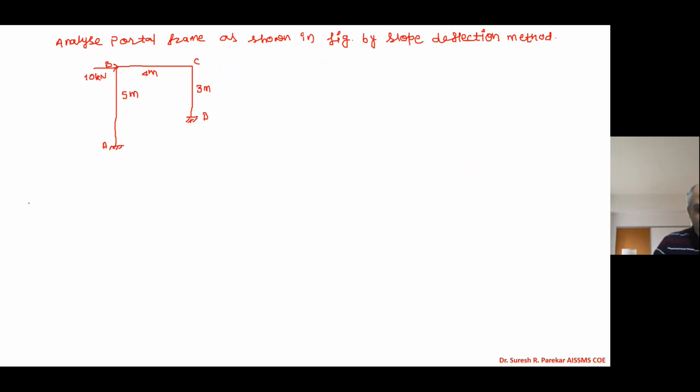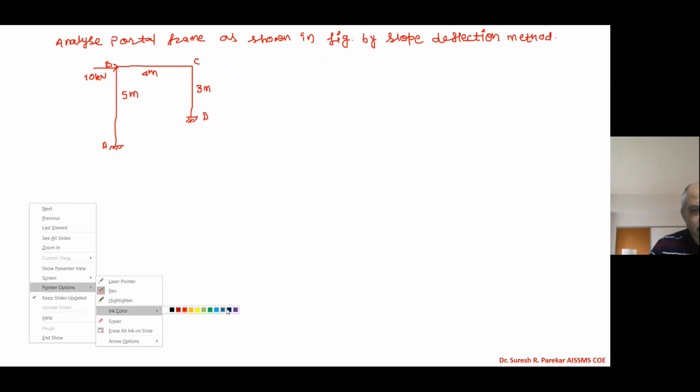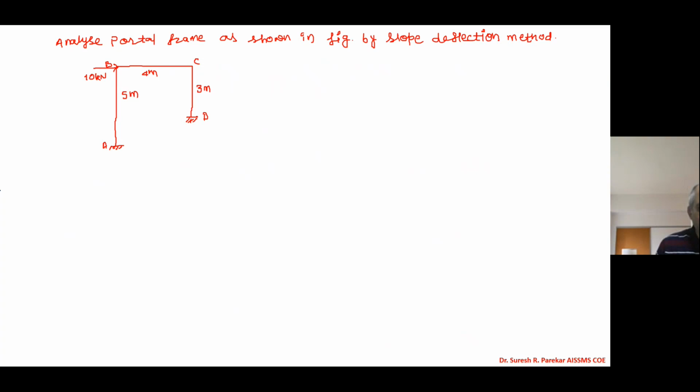Here we have constant EI. So now we will start with the solution.